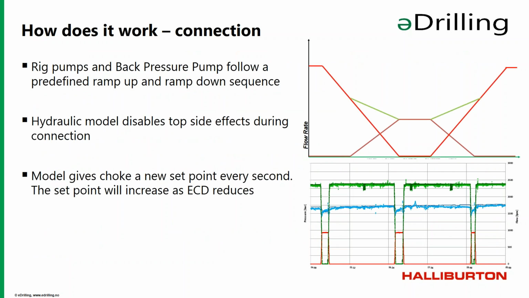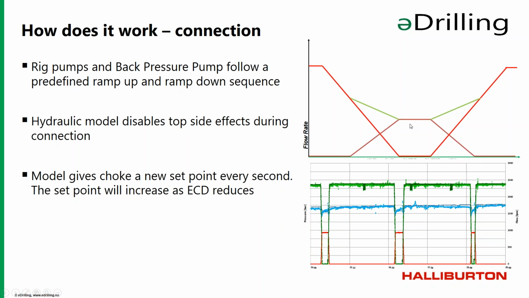Okay, so a little bit about how the system works. The rig pumps and the back pressure pumps have been pre-set to follow a predefined ramp up and ramp down sequence. So when the rig pumps ramp down, the back pressure pump starts to ramp up, and this is the flow through the choke at all times.